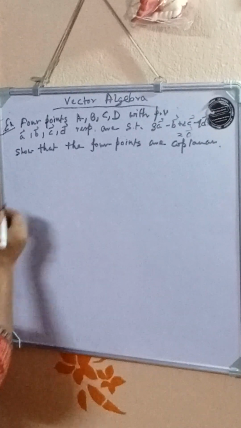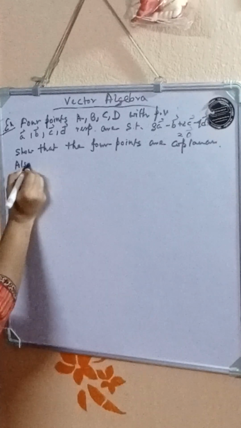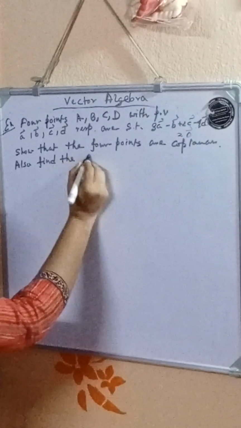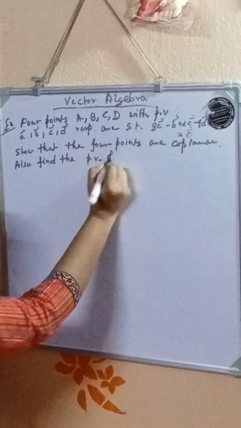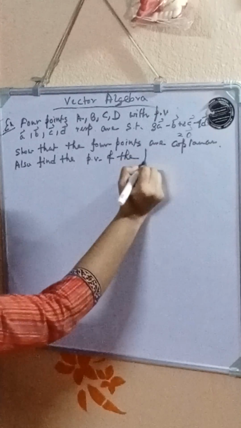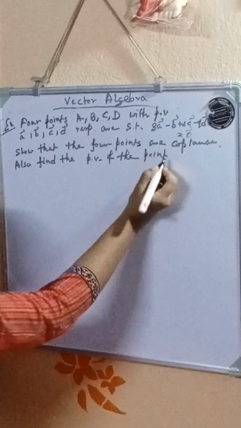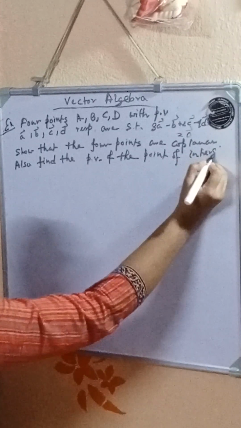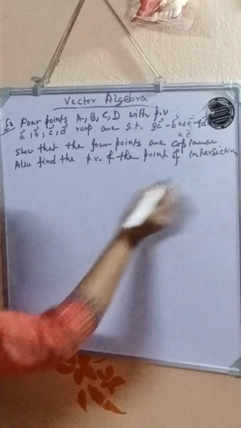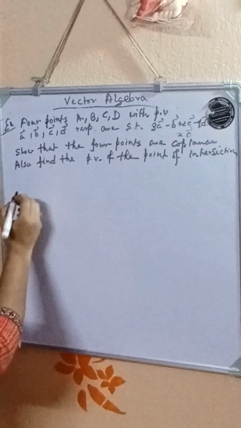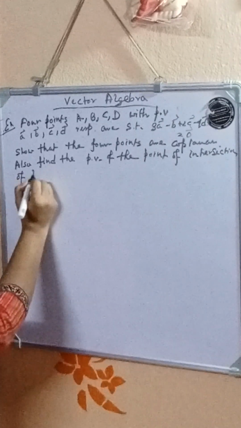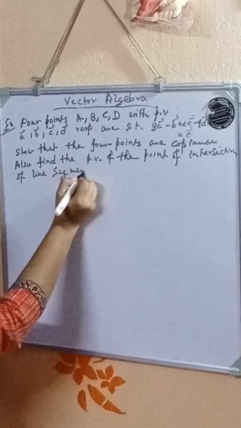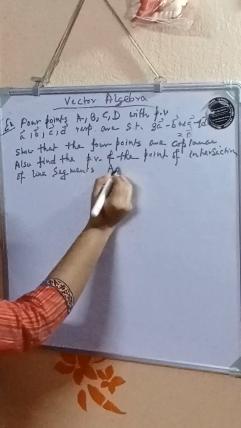Also find the position vector of the point of intersection of line segments AC and BD.